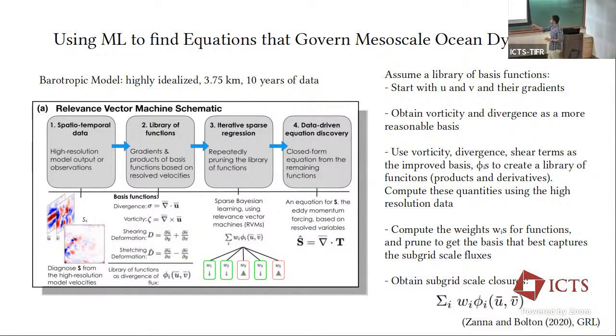Then you add other functions of these basis functions, like the gradients, ux, uy, vx, vy, uv, uvx, all those gradients and products, all linear combinations, into the mix. Then you train on your high resolution data and try to estimate which functions best describe your subgrid scale closure.